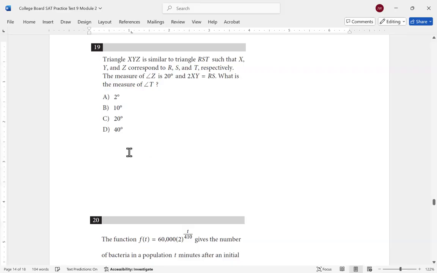Now, once again, if we wanted to draw a picture of XYZ and a similar triangle RST, we know similar triangles have corresponding angles which are the same.